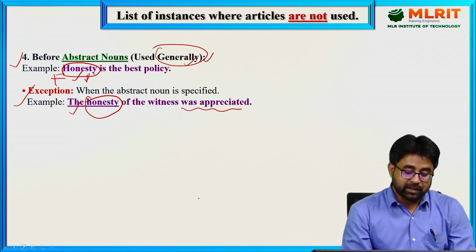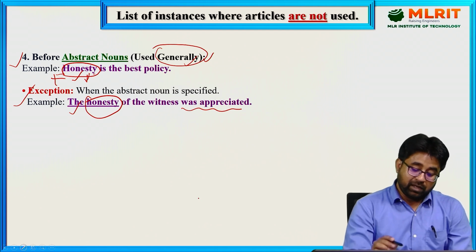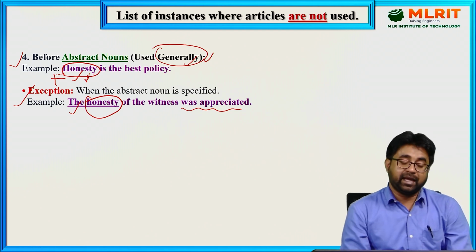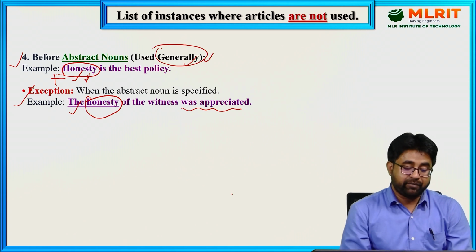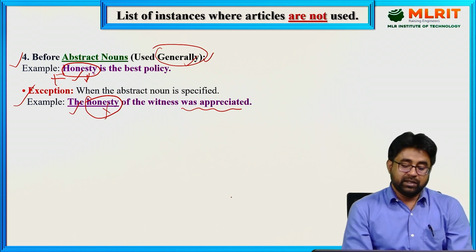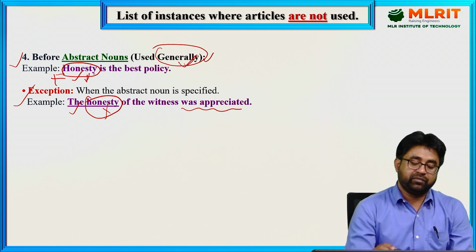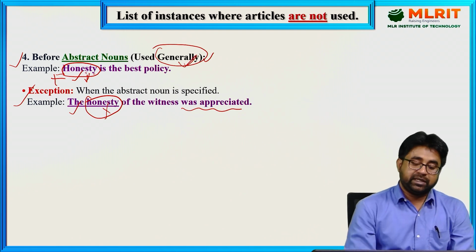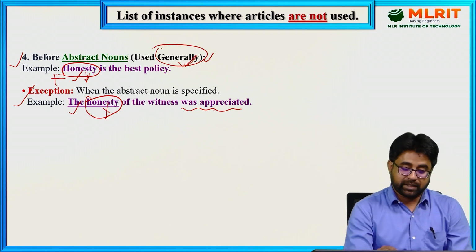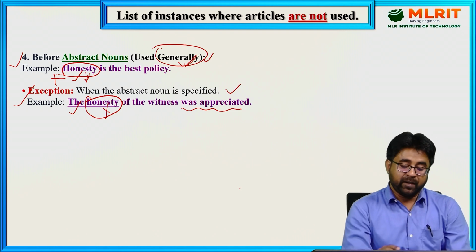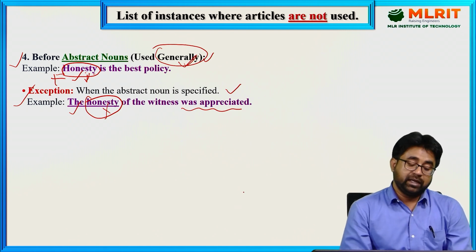Could you please explain why in the second case I am using an article, and in the first case I haven't used any article before the same abstract noun, honesty? As you can see, it all lies here. In the first instance, honesty was used in a general sense, but in the second instance, honesty is being used in a particular sense.